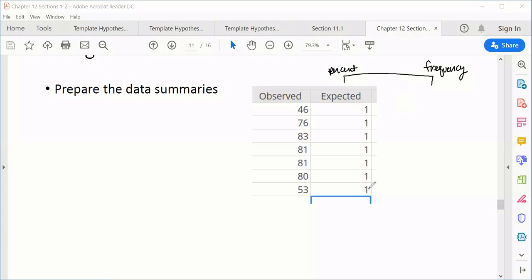So if it was going to be the same frequency every day, I would take the 500 and divide it by 7 and put the same number in each one if I had to put a frequency in. Okay, right? If I wanted to put a percent in instead, I would break these 7 days up and do 1/7 for each, because that would be the probability of each of them if they were exactly the same.